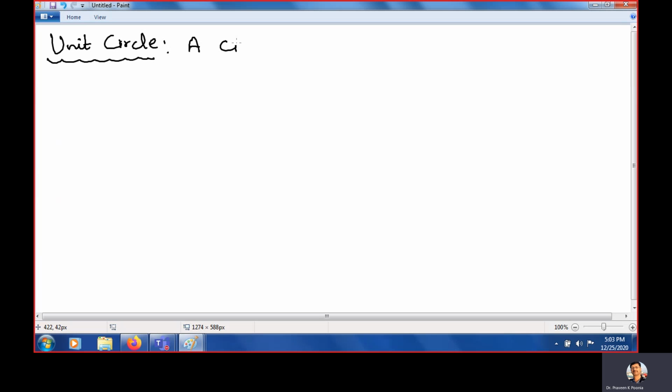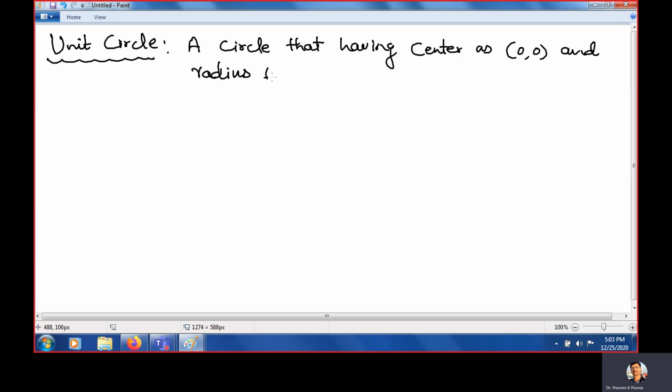A circle having center as 0, 0 and radius 1 is called a unit circle. Please remember this.